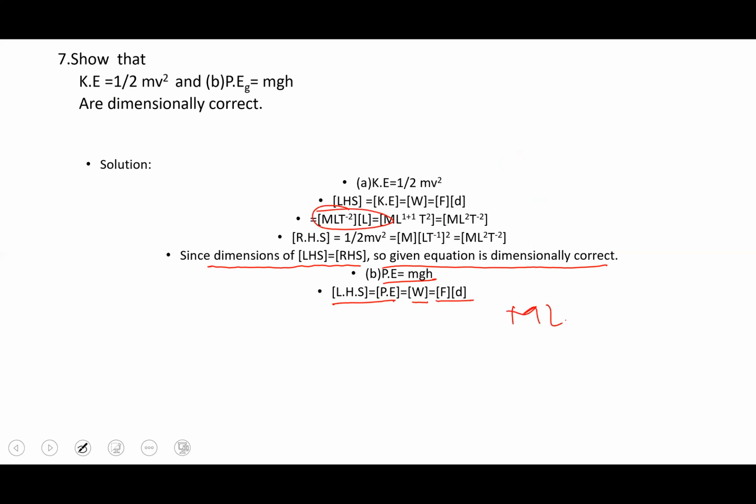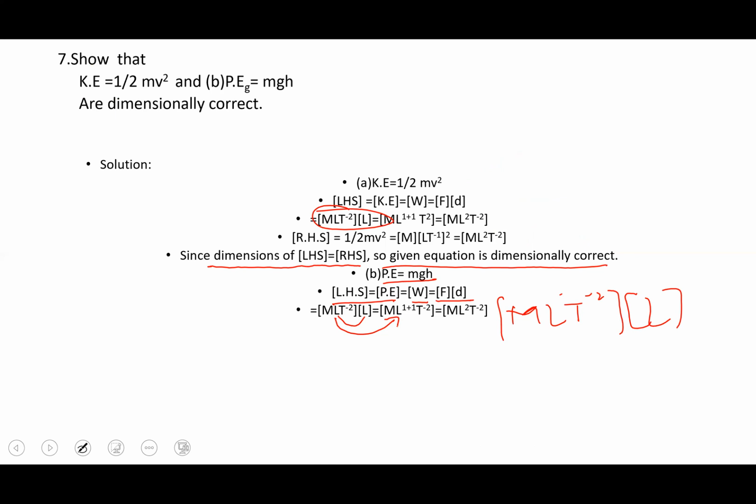So it will be M L T inverse square and into L because it is D. Following the same procedure over here, L will be multiplied by this L, so it will be L to the power 1 plus 1, and M L to the power 1 plus 1 into T square is equal to M L square T inverse square.